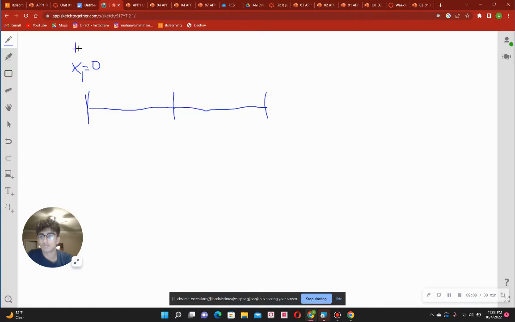Time is also 0. And we don't know the initial velocity. Sorry, this is going slow. I have to do this on a computer, so it's giving me a bit of trouble.